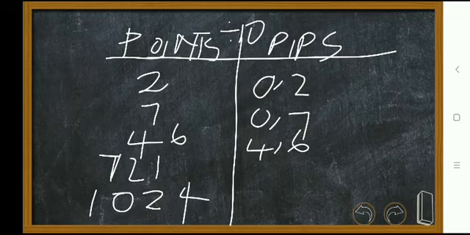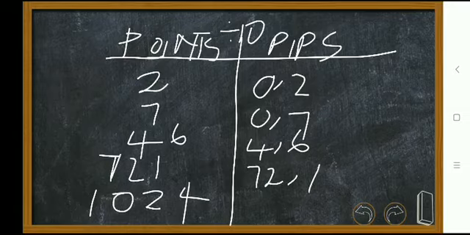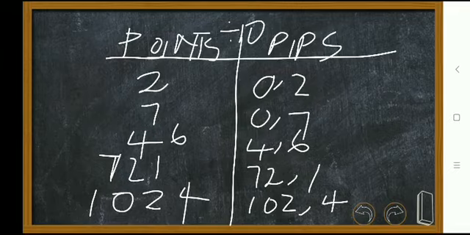Then 721 is 72.1. Then 1024, that's 102.4. So I hope you get the whole thing. So that's pips and points, or that's pips and pipettes.